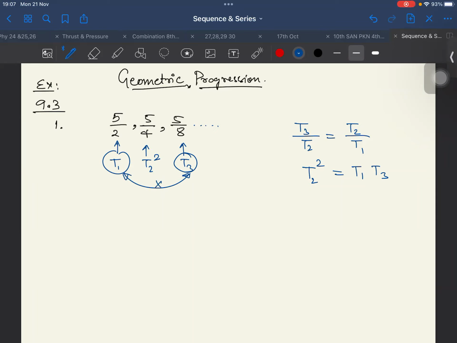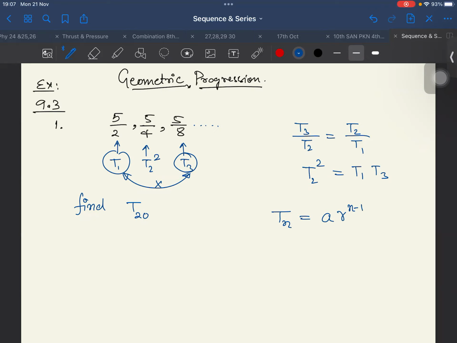Okay, so you find the 20th term of this GP. Find T20. So the general term Tn is given by what? A r power n minus 1. What is A? First term, sir. A is the first term, right?